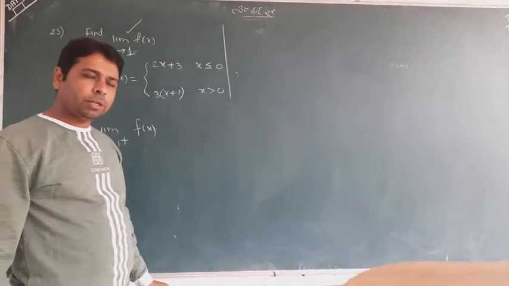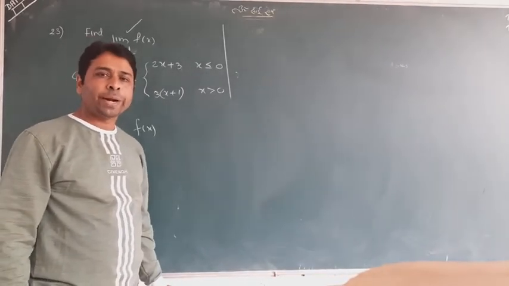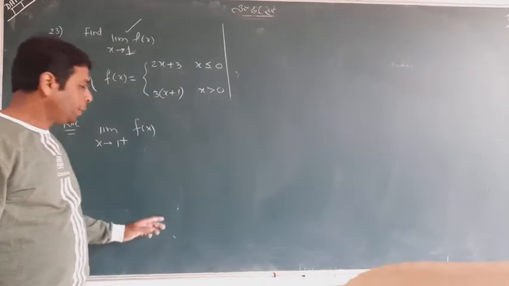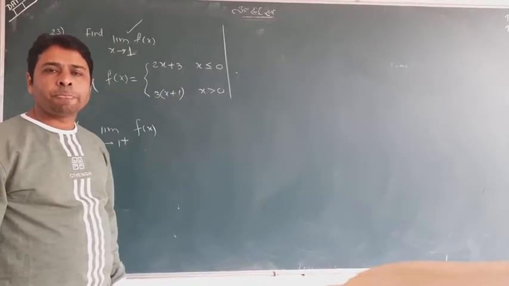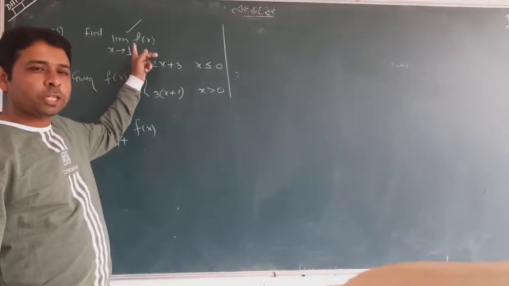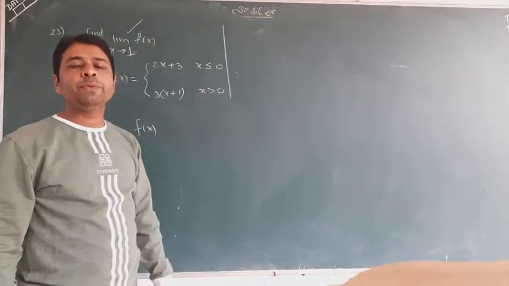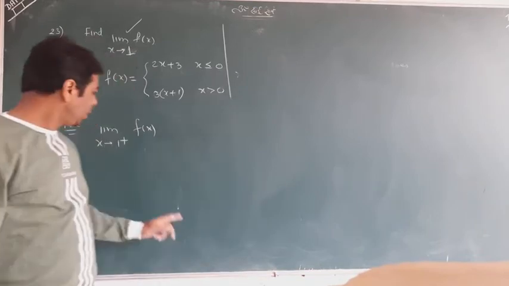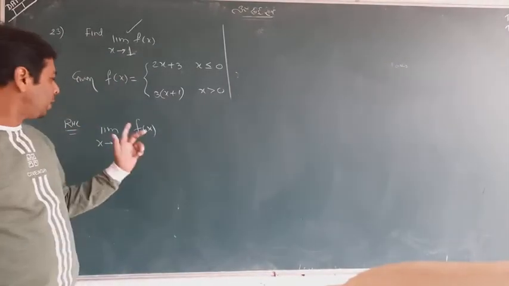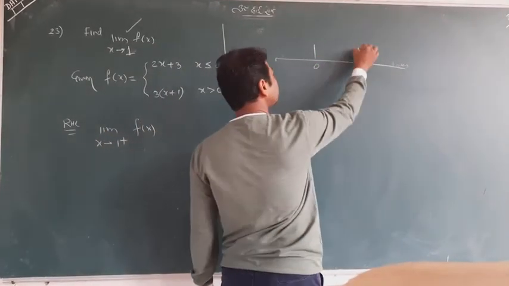So don't follow the same technique to identify the function, because in the last question it was x tends to 0 plus and 0 minus, so we took x greater than 0 and x less than 0 respectively. But this time it is 1. Let me explain how we can handle the 1. This is 0 and this is 1.